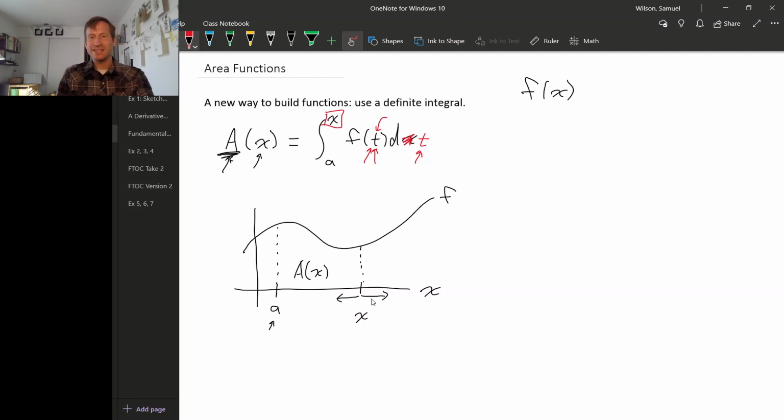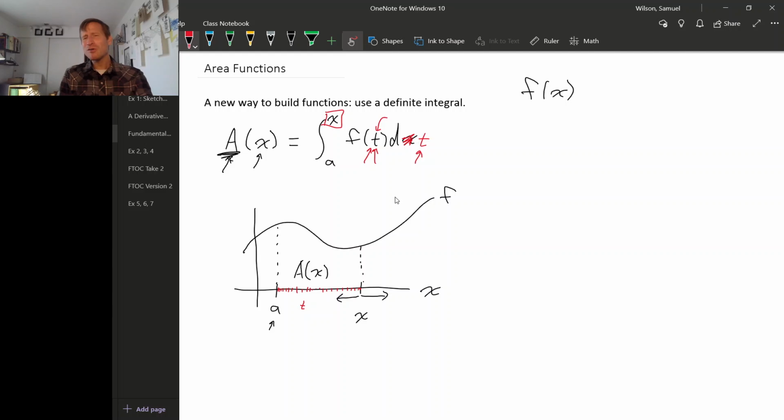So x is the right-hand end of this region, whereas t starts at a and passes through every x value in this interval until it gets to x itself. So a is the bottom bound, x is the top bound, and t is just a dummy variable that sweeps through all of these x values to accumulate the area, which is what this integral is calculating.